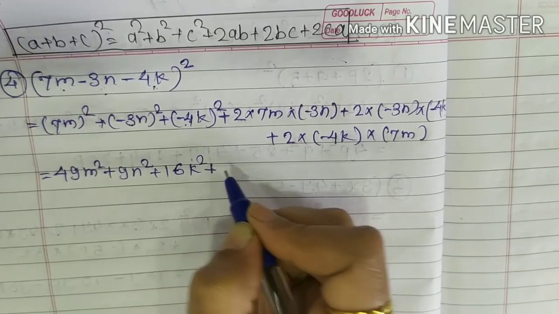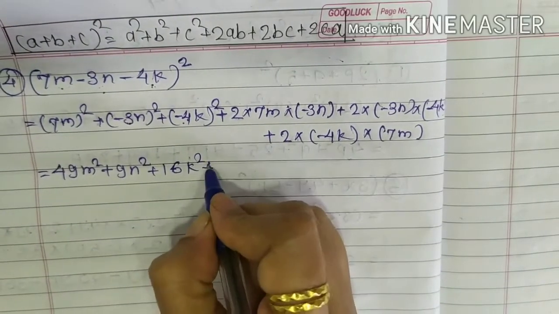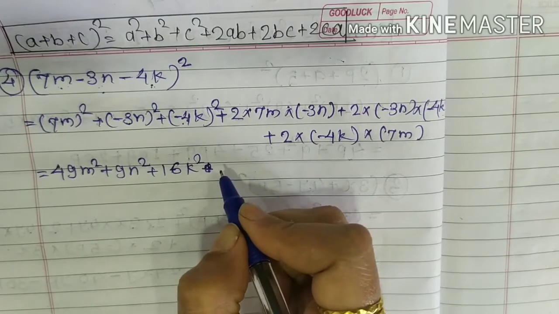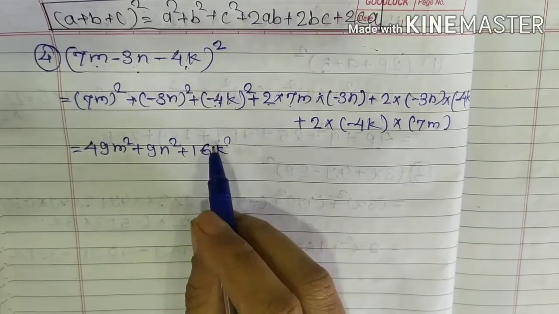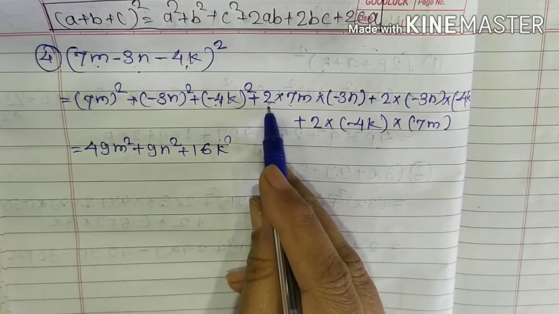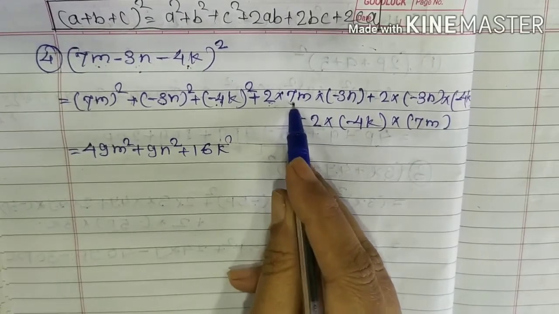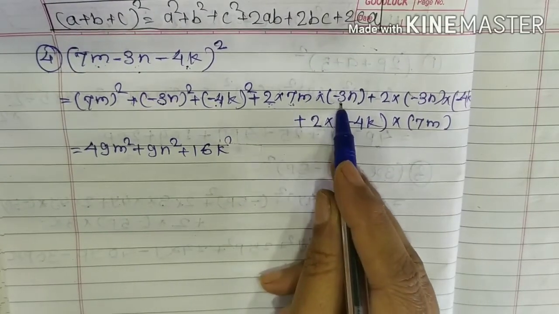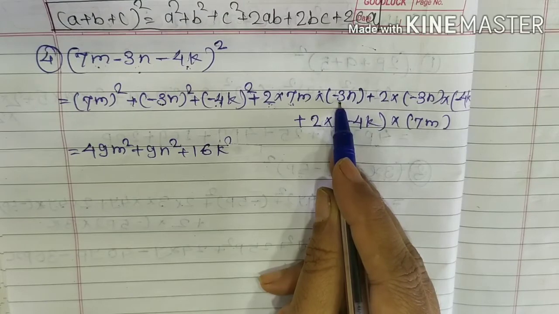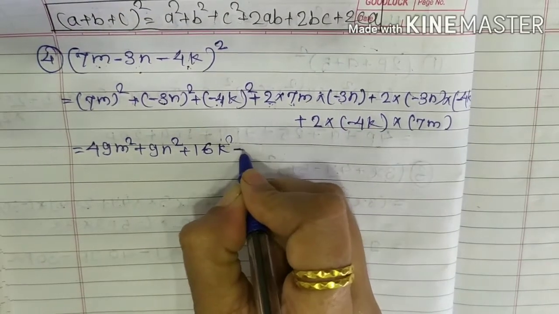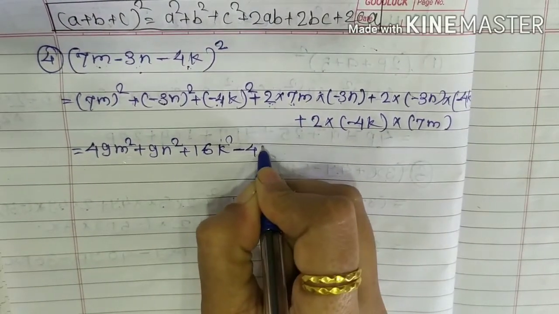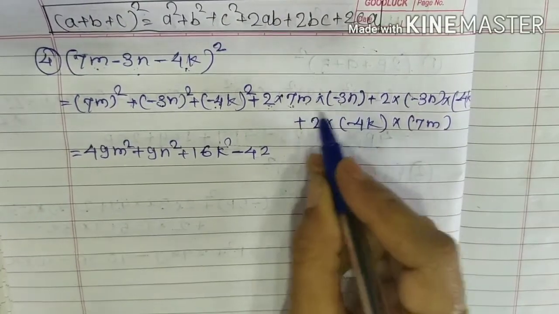Plus the multiplication of these: 2 into 7, 14, into minus 3, that is minus 42mn.